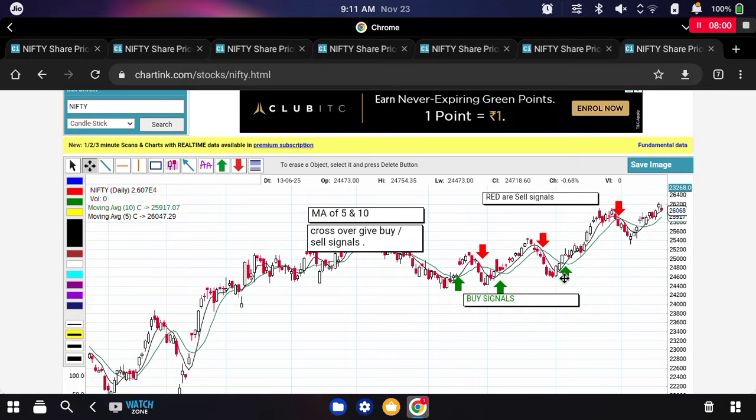That means at crossover you are buying and selling. Red ones are the selling points and green one are the buying points. So moving averages will give the trader very accurate buying and sell signals. They are automatically generated by the software given by your broker.